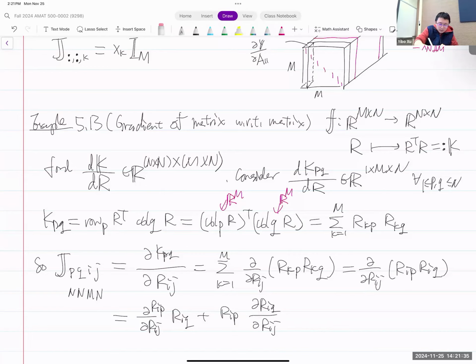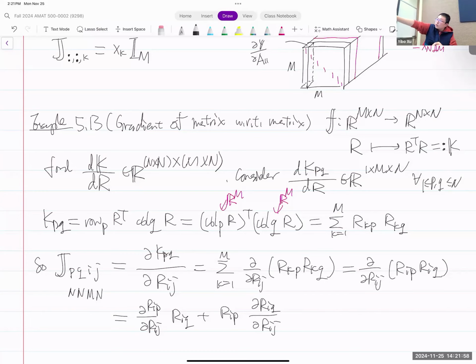And now we see at this point we have an indicator again. Since each R_ij, R_ip, R_iq are possibly distinct entries of matrix R, only when they have the exact same index will you get a partial derivative of 1.